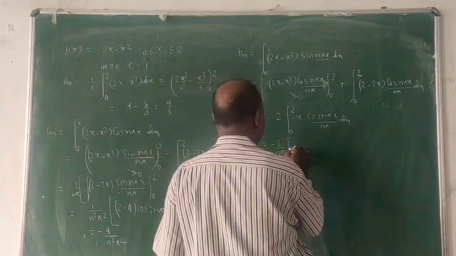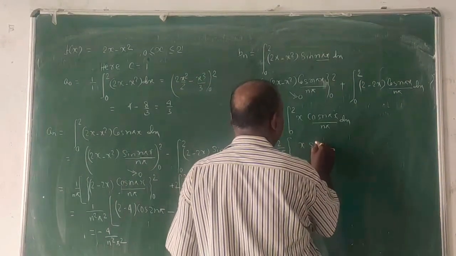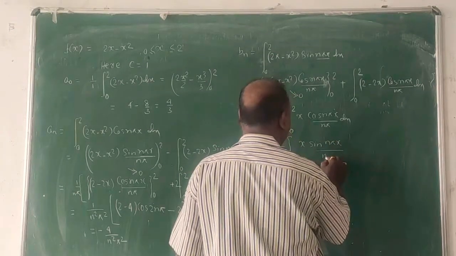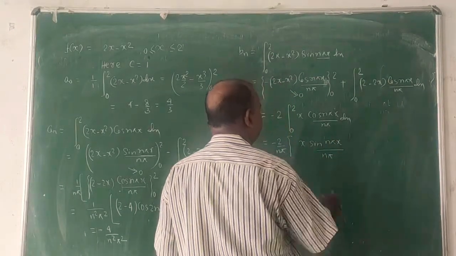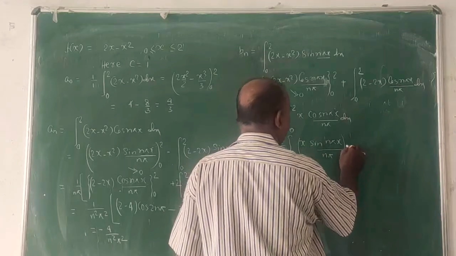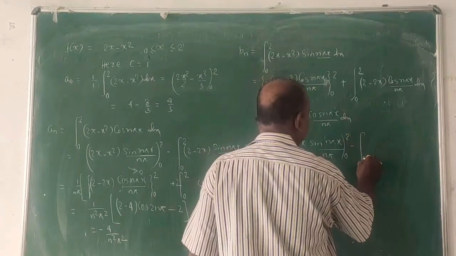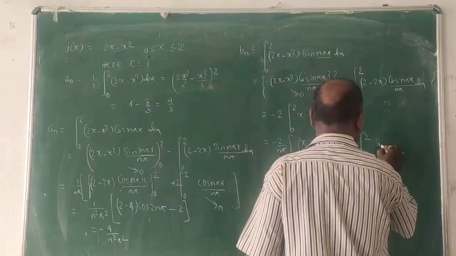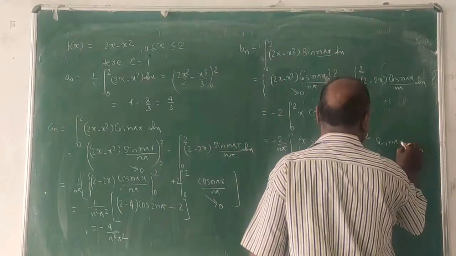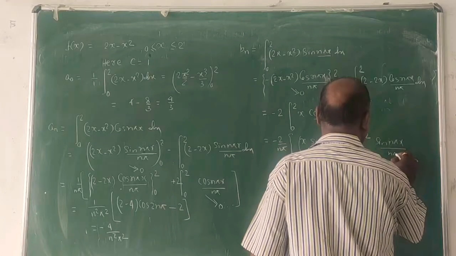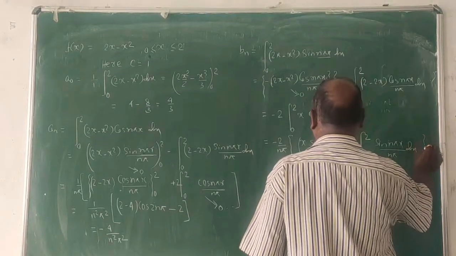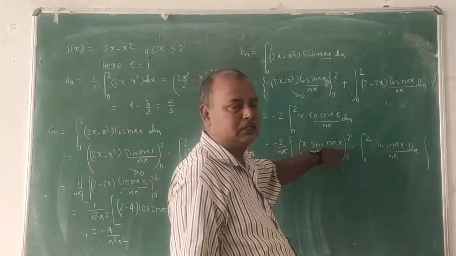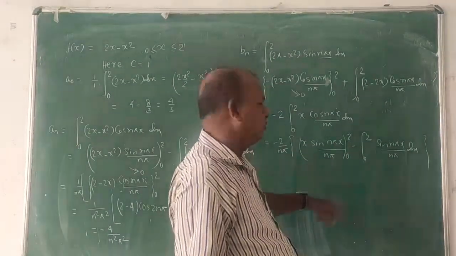This is your u, cos integration is sin n pi x by n pi, 0 to 2. So that part is 0. Minus integration of 0 to 2 of sin of n pi x by n pi into dx. This part is 0 because sin n pi is 0. This part is 0.